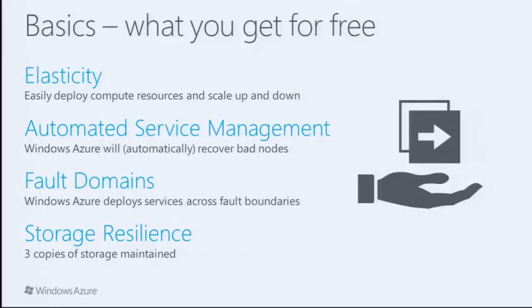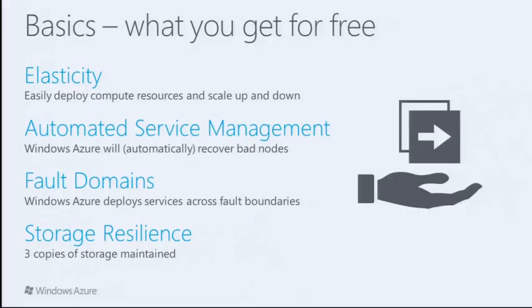So we've divided our data center up into different domains where they have a reliance on, say, power or networking, and the goal there is to deploy you in enough places so that a single outage doesn't take your entire app out. So if you've deployed 5, we might get a switch failure. Switch failure might take out a whole domain. If we take out the whole domain, you may lose a couple of instances. You'll still be running, you'll still be available, and we'll start the process automatically of recovering your application onto 2 new nodes.